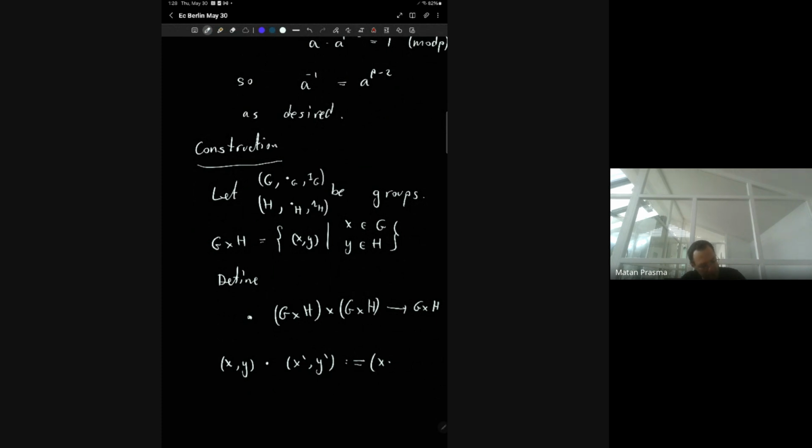Then in the first coordinate, I do multiplication in G, and in the second coordinate, I do multiplication in H. So this is defined as (x multiplication in G x prime, y multiplication in H y prime).